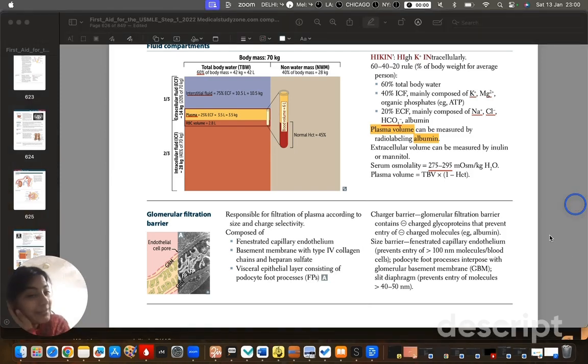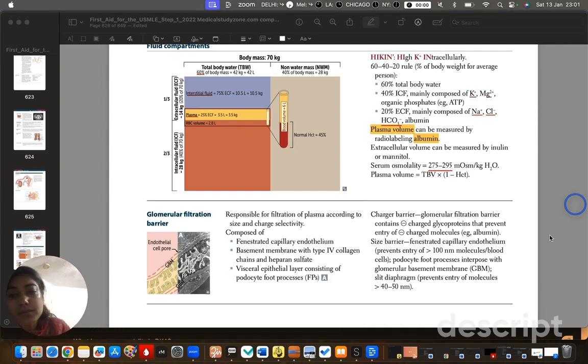Osmolality is basically like the sodium amount in your blood. It decreases when you have low sodium but normal amount of water, like in a syndrome called SIADH. We'll talk about it ahead. It increases when you have dehydration, things like that.